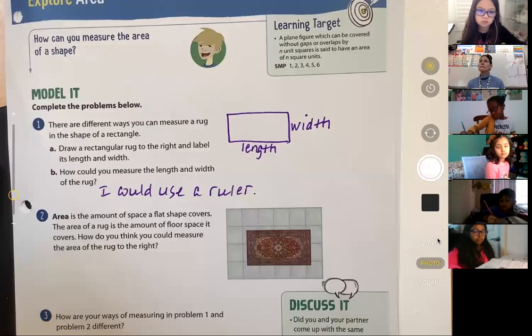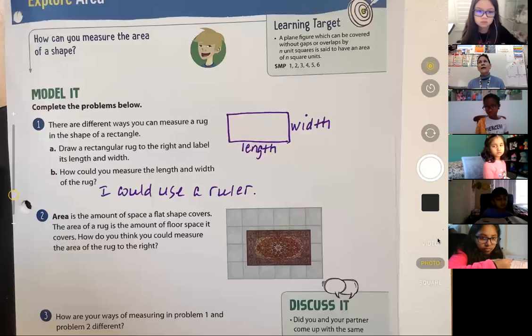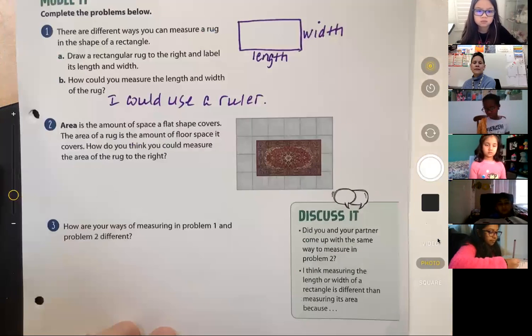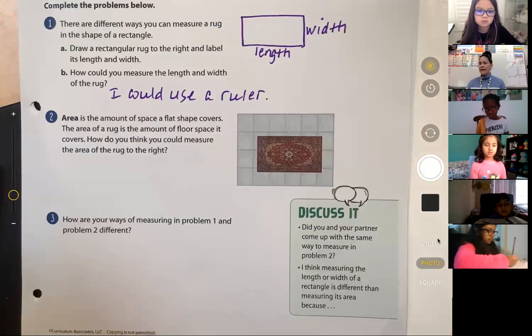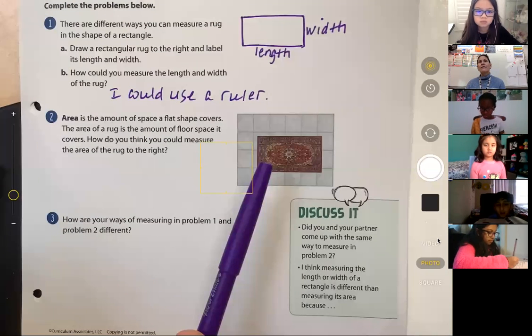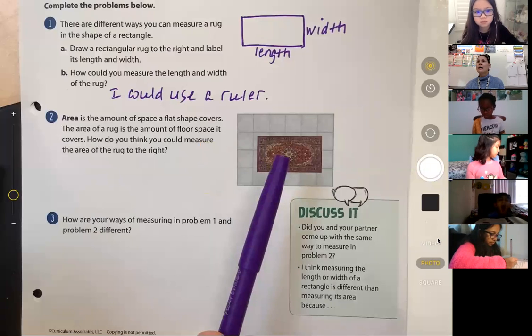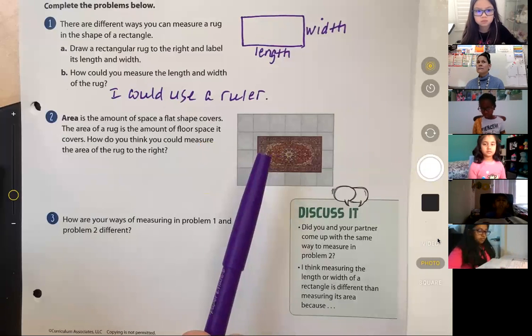That's one way. But friends, there's another way. And this is something that we're going to be focusing on this week. Take a look at number 2. And it looks like to the right here, we have these tiles, and then we have this beautiful rug inside.